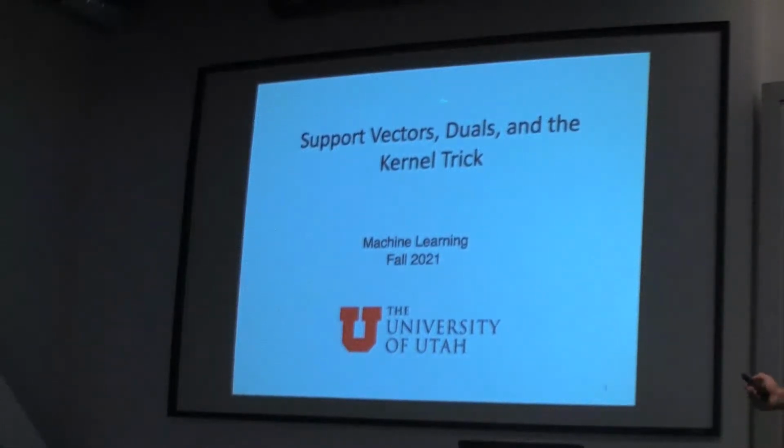Then we'll give the dual representation of the SVM objective function. When we solve the dual function, we'll get to know where the support vectors come from. Also, only with the dual form will we be able to extend support vector machines to nonlinear classifiers. This trick is called the kernel trick.